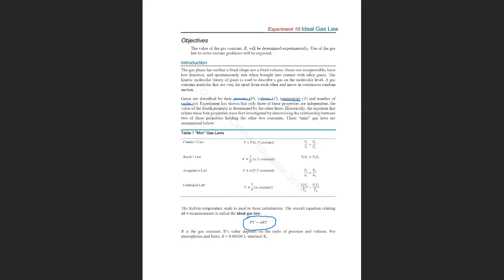Pressure times volume equals the number of moles multiplied by R, the gas constant that has a fixed value of 0.08206 liter atm per kelvin per mole, multiplied by the temperature in Kelvin.